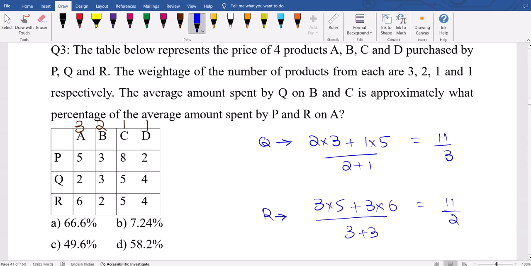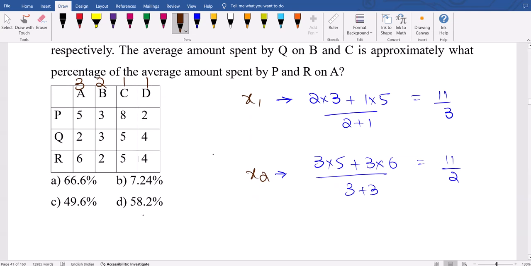Now this is the first one, this is the second one. X1 is what percentage of X2? Question is, this is what percentage approximately? 11 by 3 is what percentage of 11 by 2?